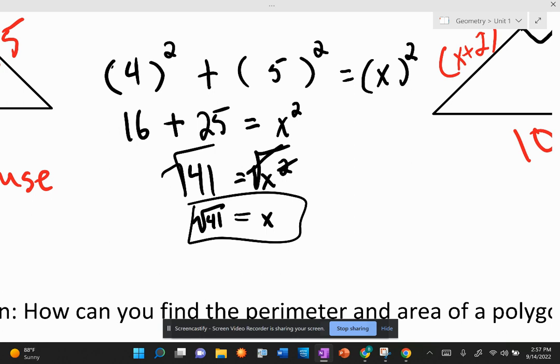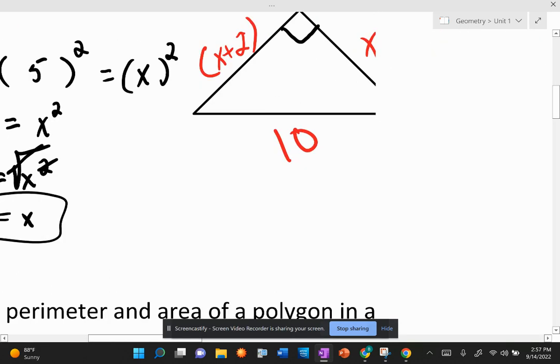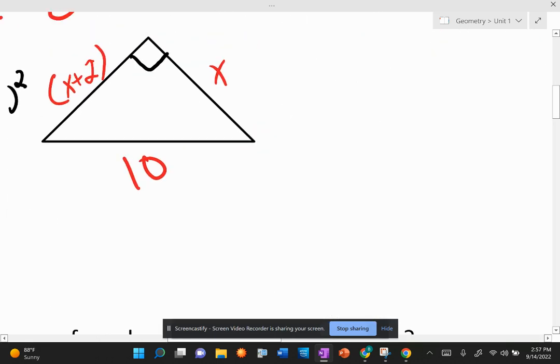So you have to go from math print to classic in the mode section if you want the decimal. If you just want the radical, keep it in math print. So between 6 and 7. That's really not important.